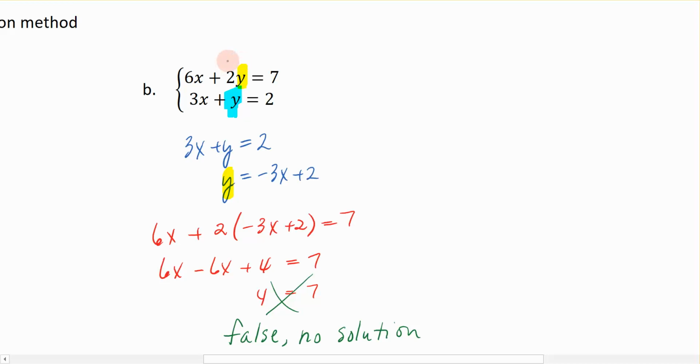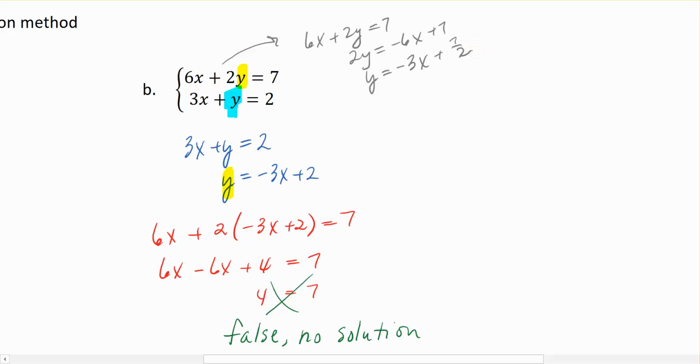If I take this first equation and solve it for y, 6x plus 2y is equal to 7, or 2y is equal to negative 6x plus 7. Divide everything by 2, I get y is equal to negative 3x plus 7/2.